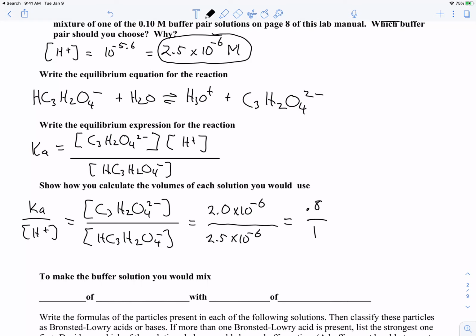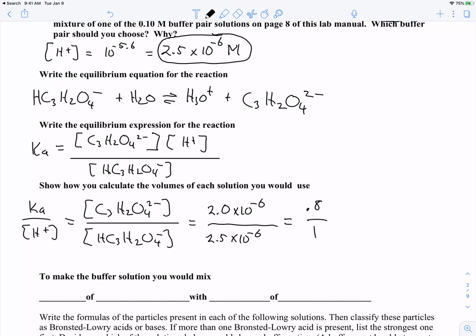Now the tricky part, of course, is not getting this mixed up with that. So be very careful. And we want between 20 and 30 milliliters total. So if I were to multiply both of these by 10, I would have 8 to 10, and when that adds up, it equals 18.